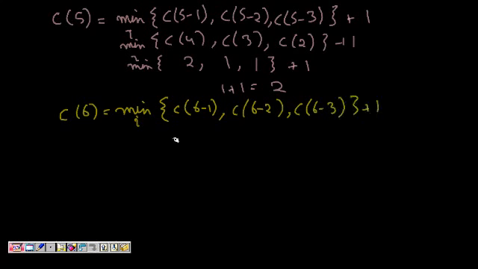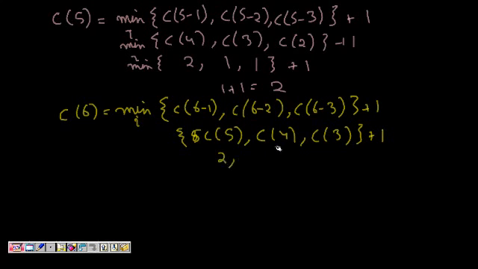So this makes 5: minimum of C of 5, C of 4, C of 3, plus 1. We see that C of 5 was 2, C of 4 was also 2, and C of 3 was 1. So the minimum of this will be 1 plus 1, 2, and we see that 6 can be made with 3 comma 3.